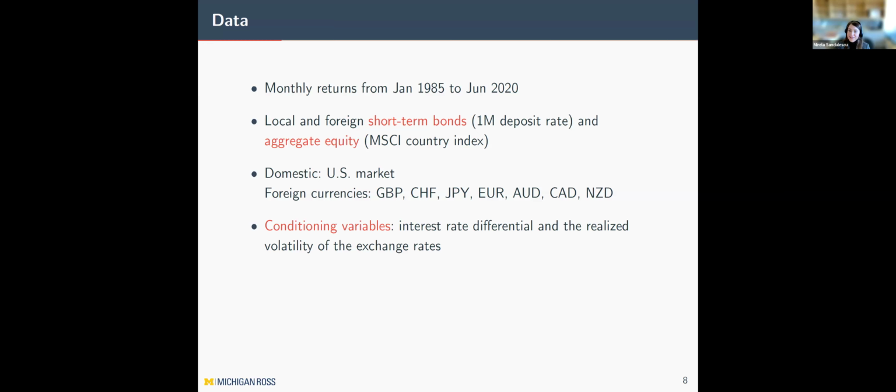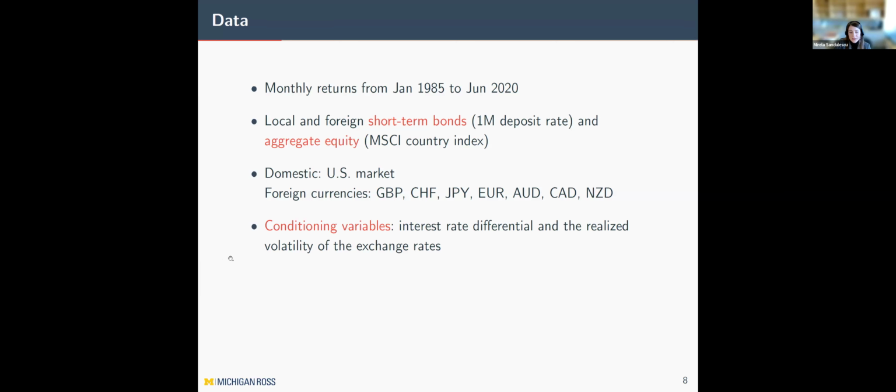Whereas let's say that Neil is going to be a Canadian investor, he can also trade locally the Canadian bond and the aggregate equity, whereas through the exchange rate, he can also trade the US one. And vice versa, I can also trade the Canadian dollar and the short-term bond and the aggregate equity through the exchange rate.